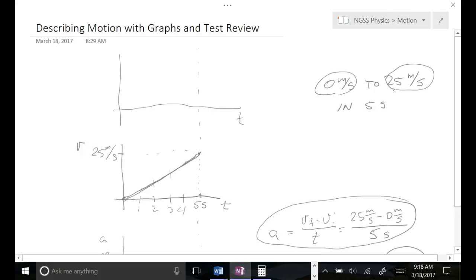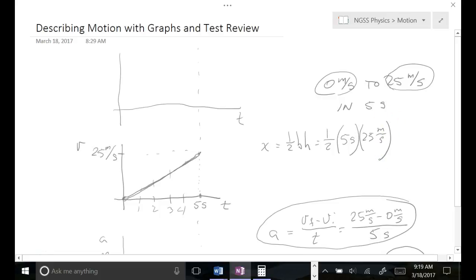Let's do that. So my position, and the area of a triangle is 1/2 base times height. If this was some other shape, I'd use the appropriate formula for the area, but this one happens to be triangular, so I'm using the area for a triangle. So we have 1/2 times 5 seconds, and the height is 25 meters per second.